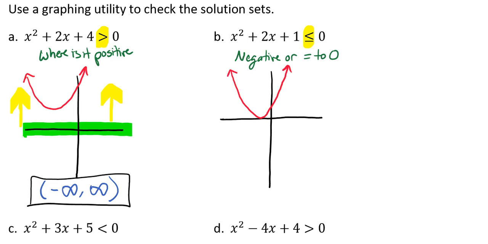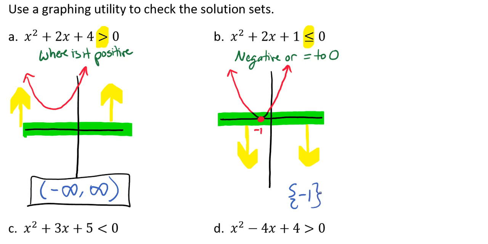So again, if we're looking for where does it go below or touch the x-axis, there's only one place, and that place is right there at -1. So to write that as a set or as a solution, we would just write the set {-1}, meaning the solution only exists at -1.